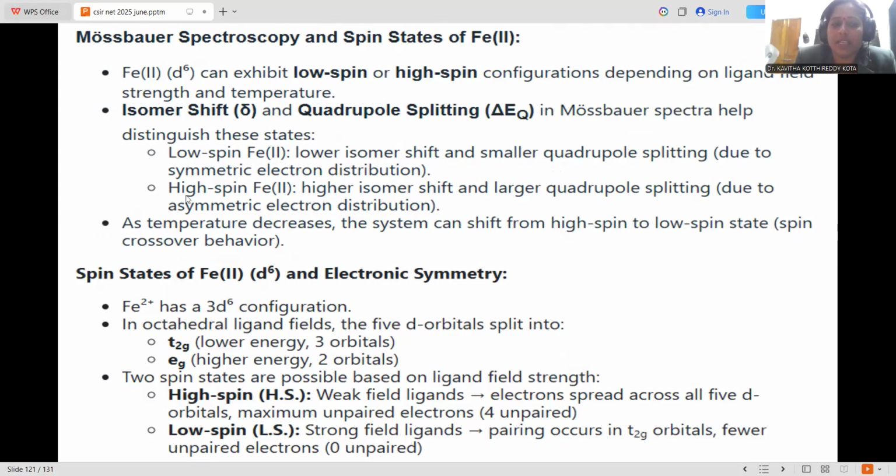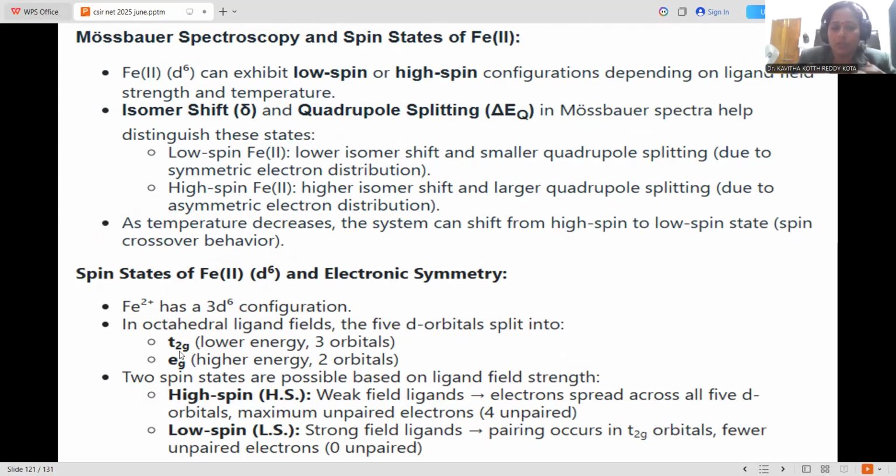So in that case, the complex exists in the high spin Fe plus 2 state. As temperature decreases, the system can shift from high to low spin. Now, the spin states of iron plus 2 d6 and electronic symmetry: we need to understand how the spin state gets shuffled with this electronic symmetry. Fe plus 2 has a 3d6 configuration and octahedral ligands are there. The 5 d orbitals split into t2g and eg, being octahedral splitting.